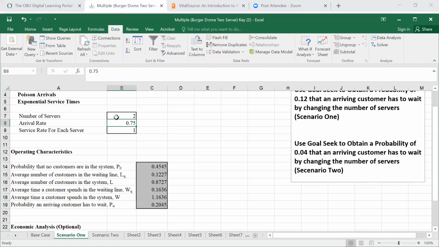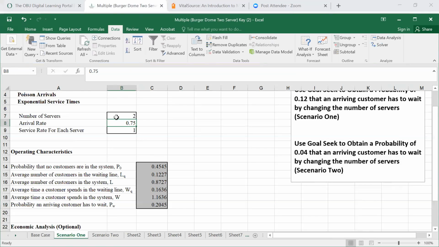So you can see that the more servers we add, the lower the probability that a customer has to wait. It makes perfect sense. The more servers, the lower the wait time.